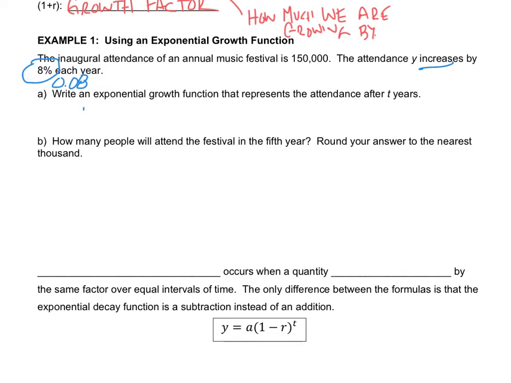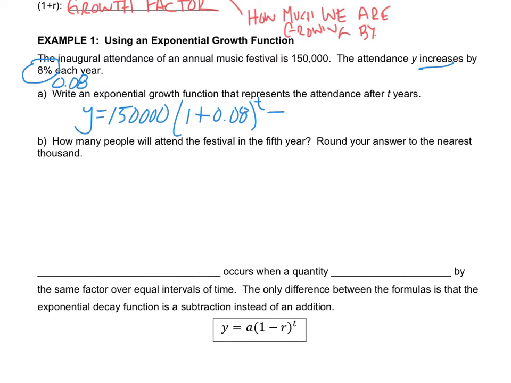So basically, I'm plugging it in. We don't know the growth at that point. The a, or the initial amount, is 150,000. We always have the 1, because we're keeping that 150,000, and we're adding 0.08 each time. Then we are raising it to the t.